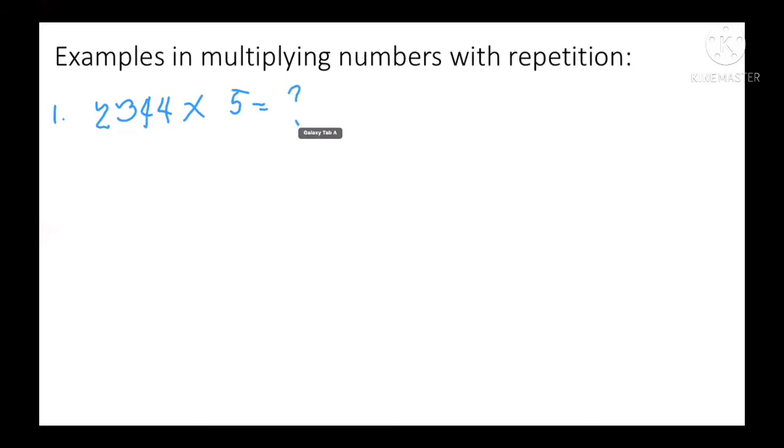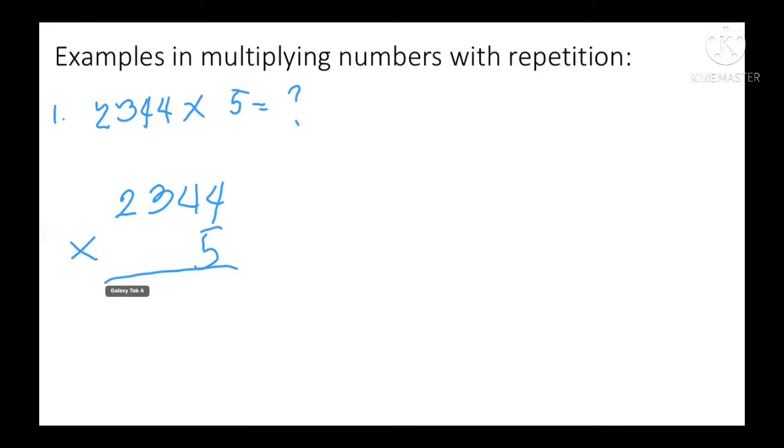Okay, so we have here 2,344 multiplied by 5. So let's organize this one first. Let us put here 2,344 multiplied by or times 5.